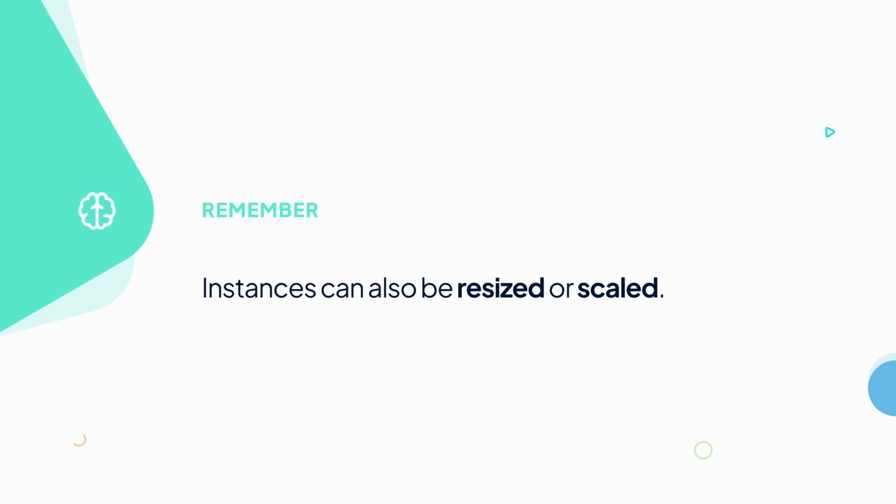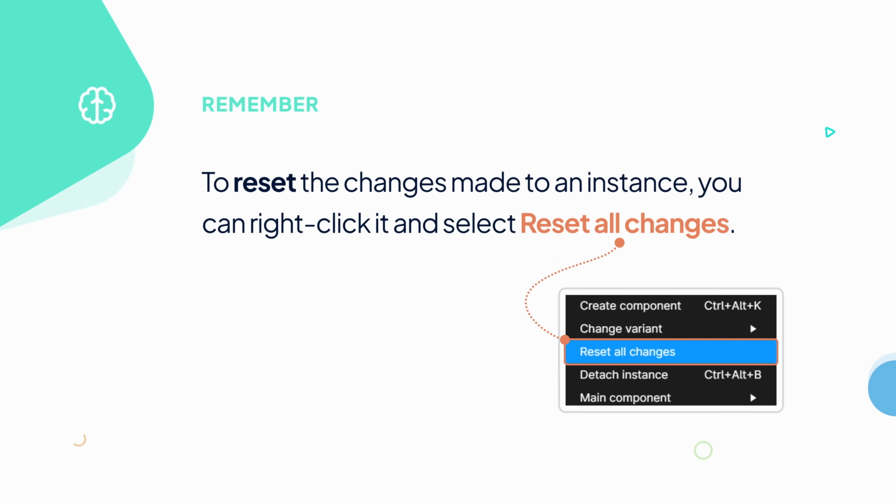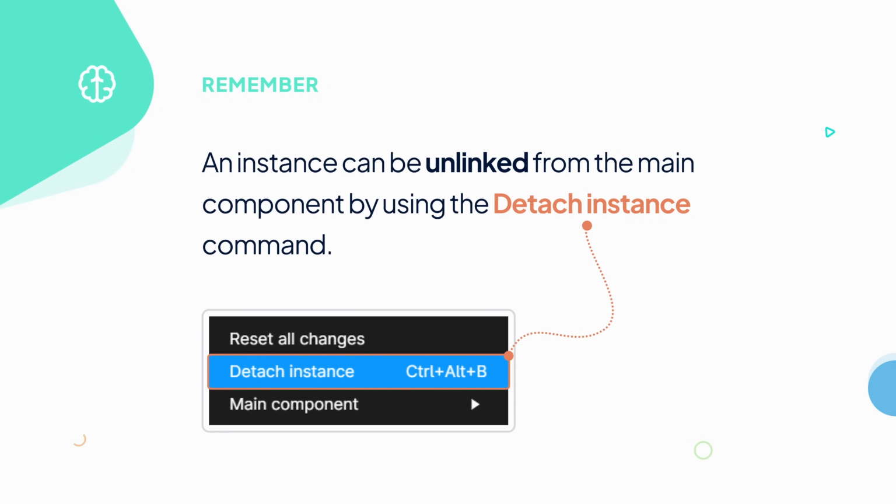Instances can also be resized or scaled. To reset the changes made to an instance, you can right-click it and select Reset All Changes. An instance can be unlinked from the main component by using the Detach Instance command.